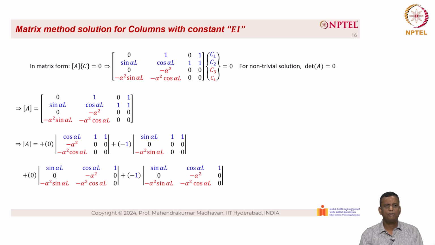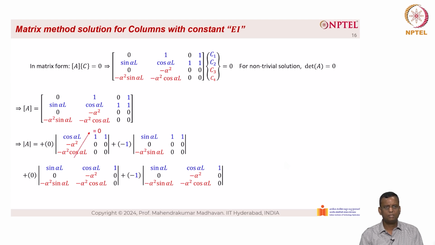Then we have plus of minus 1 into the minor with rows sin alpha L, 1, 1; 0, 0, 0; minus alpha square sin alpha L, 0, 0. The third column, when we expand it, becomes 0 into the minor with rows sin alpha L, cos alpha L, 1; 0, minus alpha square, 0; minus alpha square sin alpha L, minus alpha square cos alpha L, 0. And then the fourth column, plus of minus 1 into the minor with rows sin alpha L, cos alpha L, 1; 0, minus alpha square, 0; minus alpha square sin alpha L, minus alpha square cos alpha L, 0.